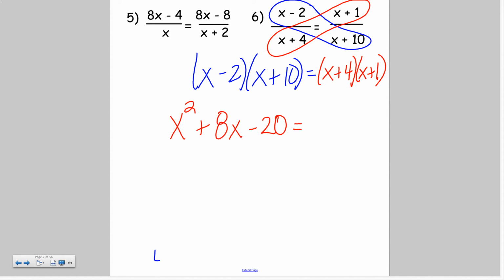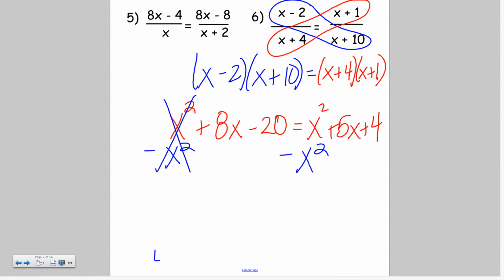Alright, this side leaves me with that. So now I'm going to try to move things around. So because of the x squareds, I'm going to combine them. And yet again, I'm canceling them, because x squared minus x squared is nothing. So I'm left with that.